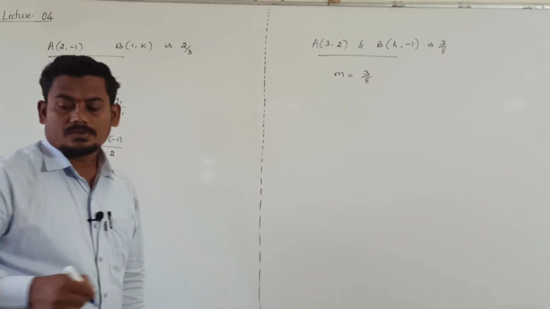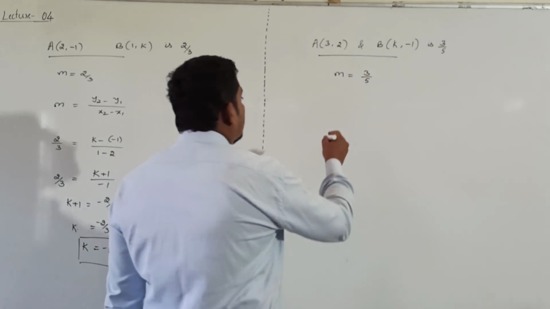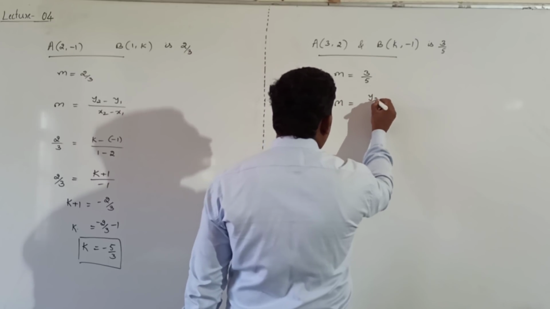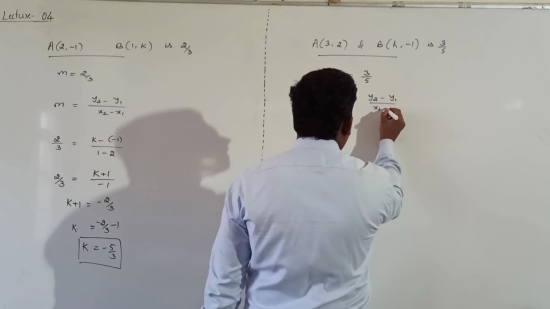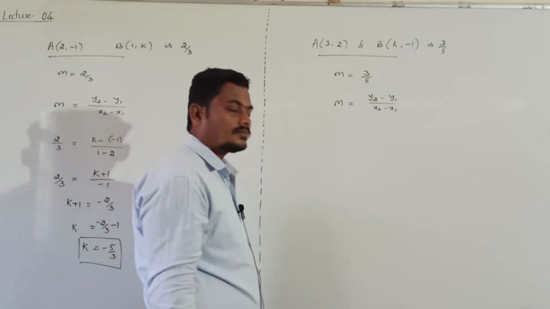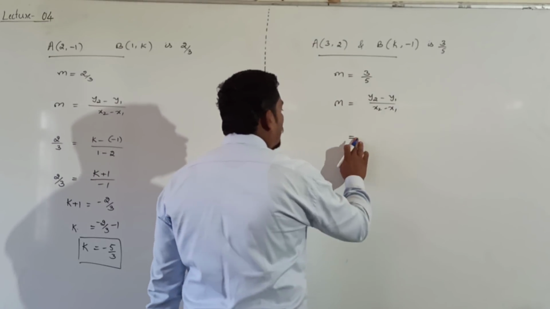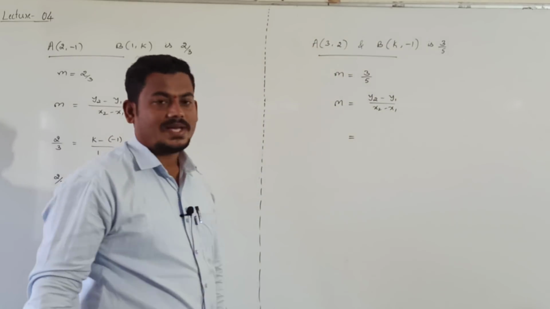Now the slope formula, small m is equal to y2 minus y1 divided by x2 minus x1, right? Take the second point as x2 y2 and the first point as x1 y1.